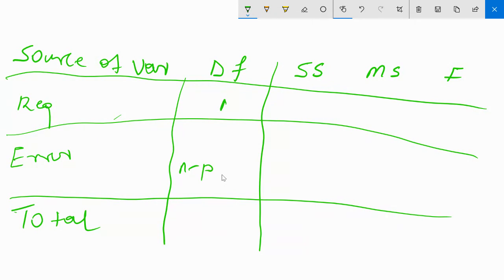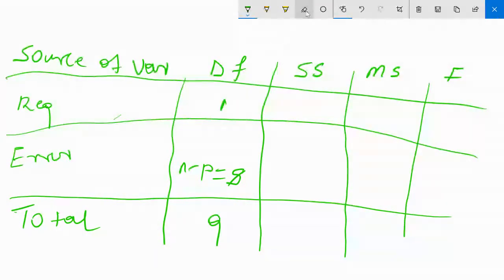P is the number of parameters. So we have 10 minus 2, and that is 8. The total is the sum of these two. This is going to be 9. Or you can also calculate it from the formula, which is n minus 1. So you get 9.